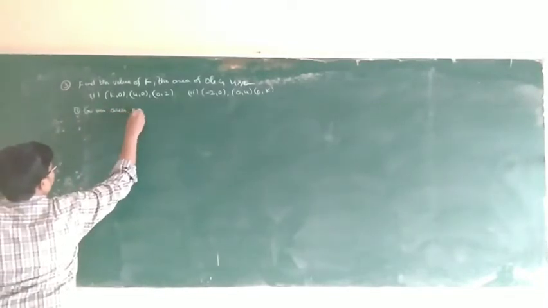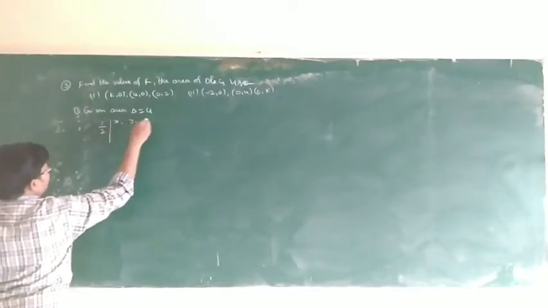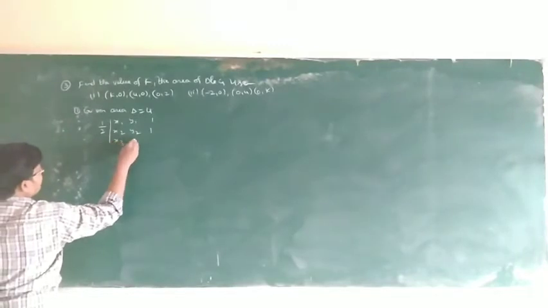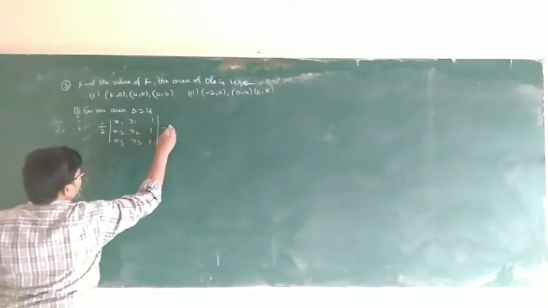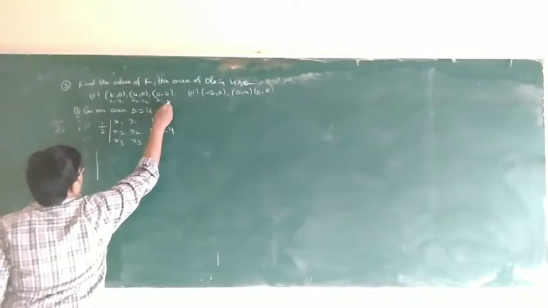area delta is equal to 4. So delta is equal to 4 means area of the triangle, 1 by 2 into the determinant x1 y1 1, x2 y2 1, x3 y3 1 is equal to 4. In the first problem, first point x1 y1, second point x2 y2, third point x3 y3.